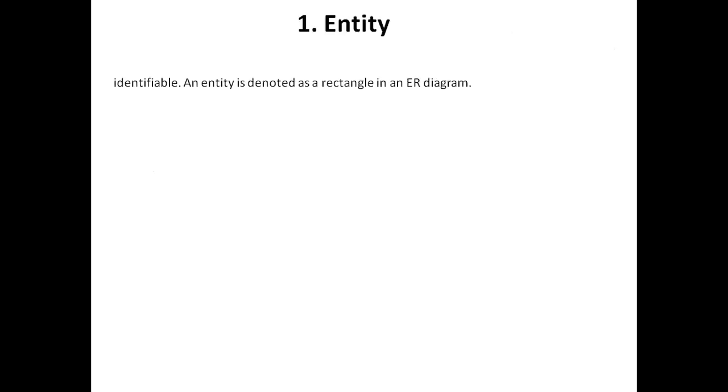Now, first is the entity. The entity we can say is a real world object, which can be any person, any organization, any animate or inanimate thing, whatever it may be. It is related to a real world object.